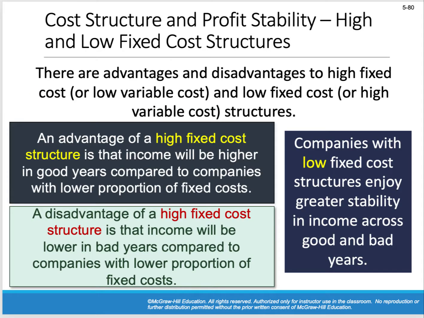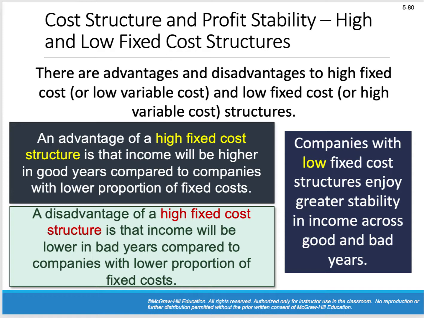So there are advantages and disadvantages to, let's just look at high fixed costs first, or conversely, we can say low variable. We either have high fixed or low variable, or we can have low fixed costs and high variable. So it can go either way.